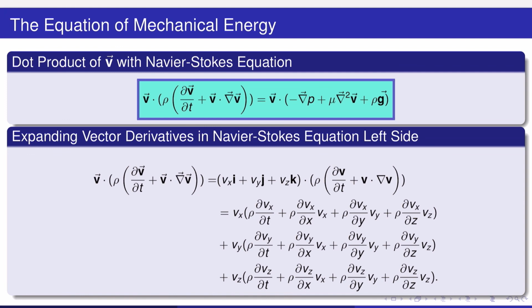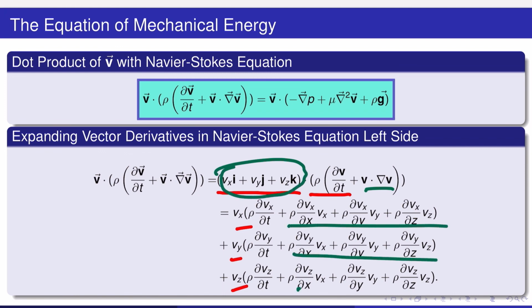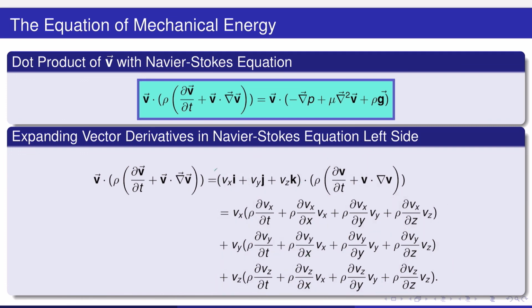So we get these terms, and if we do the same with the other components, we will get nine terms. After getting the nine terms, we have to reorganize, and if we reorganize, we will get different things.